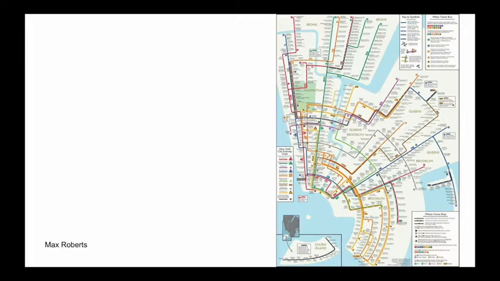Max Roberts is a graphic designer from Chicago who's made a proposal to rethink the system map, to take a radial concept and show stations radiated from the center. Geographically, that point is probably Lady Liberty, or very close to Liberty Island, but it is a way of conveying the information in a more readable fashion, illustrating how folks actually move through the system.